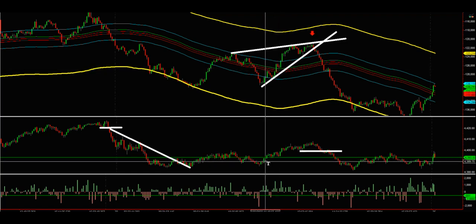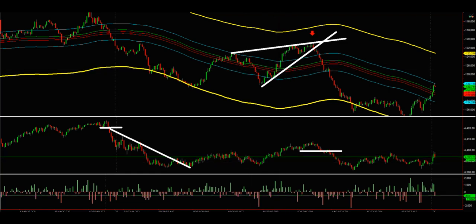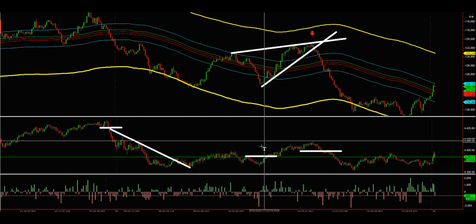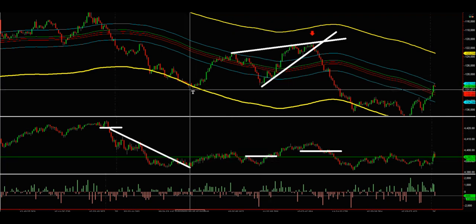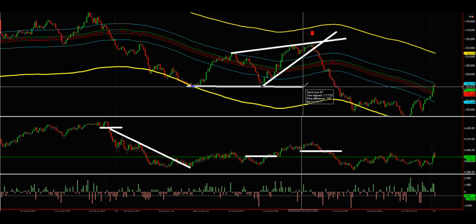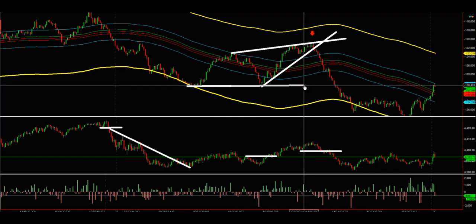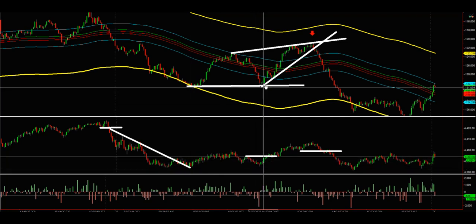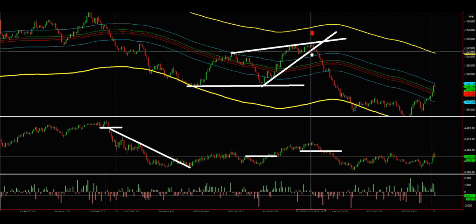And the close. So it was a double bottom on this cumulative delta. It held, and you can see it held, and this is again an early entry.